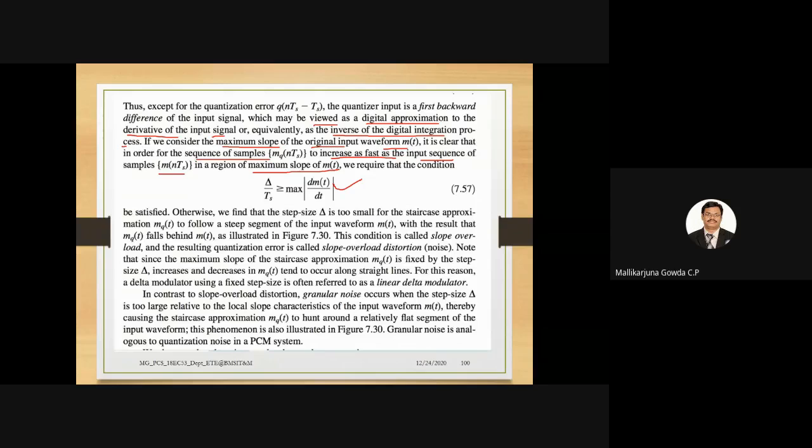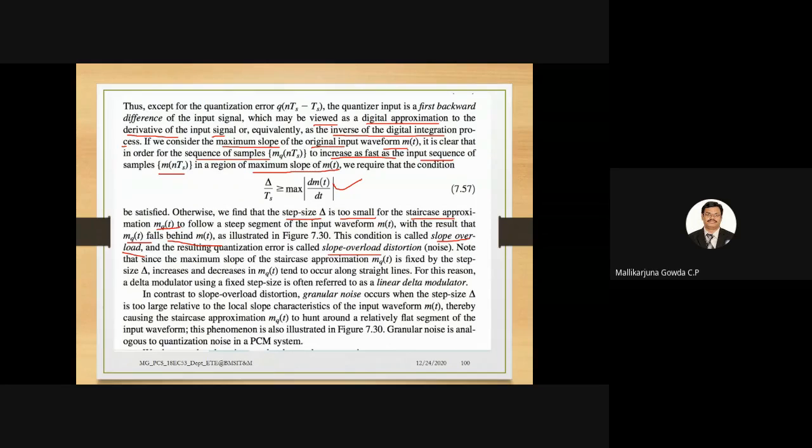Otherwise, the step size delta will be too small for the staircase approximation, so that mq(t) falls beyond m(t). mq(t) is the approximated signal. That condition is known as the slope overload distortion.